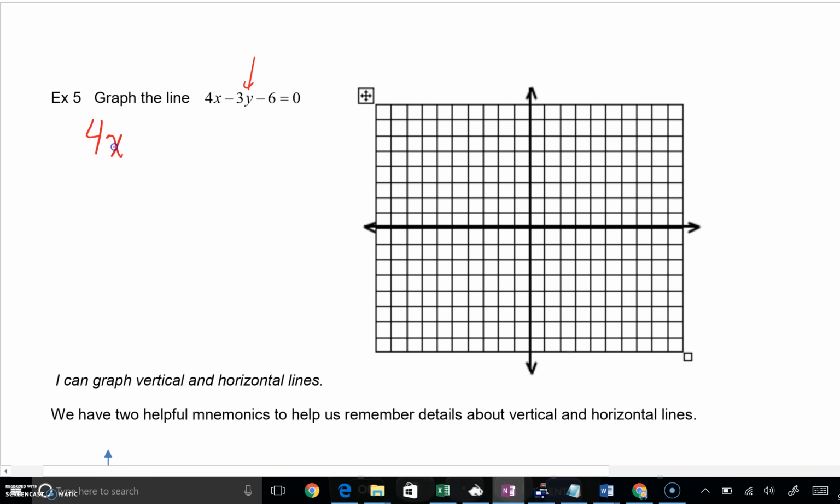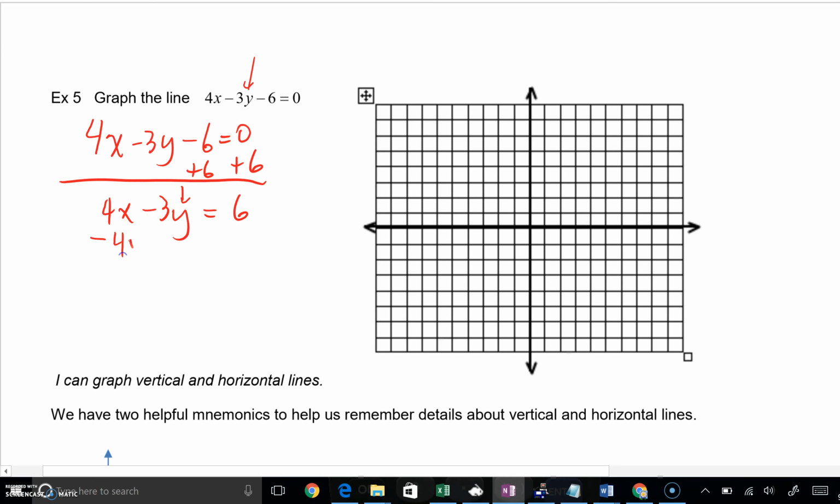For number 5, what you need to do is get y alone. So I'm going to recopy this. 4x minus 3y minus 6 equals 0. We can add a 6 to both sides. We'll have 4x minus 3y equals 6. I need to get y all by itself. I'm going to minus a 4x from both sides.